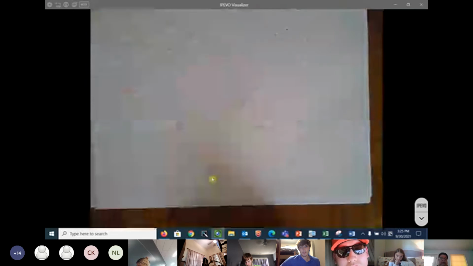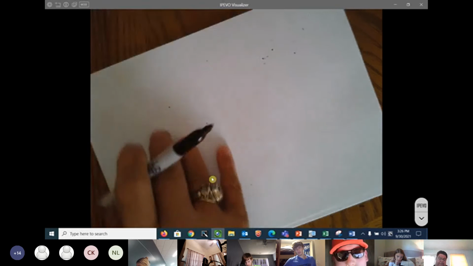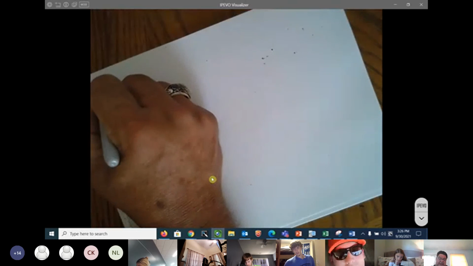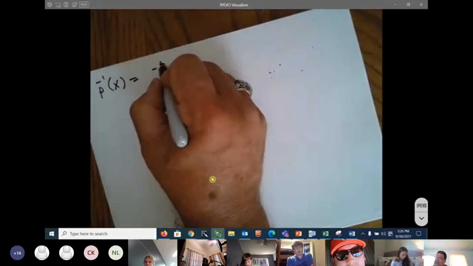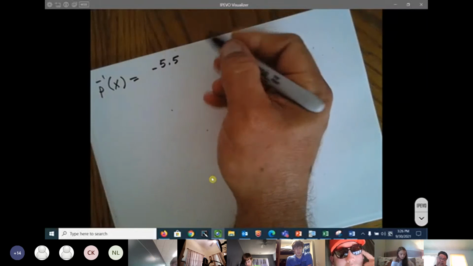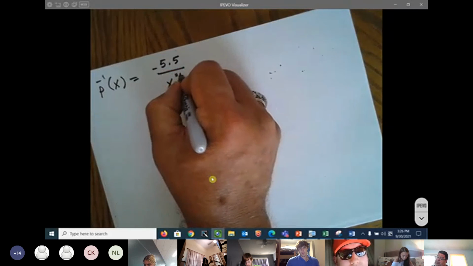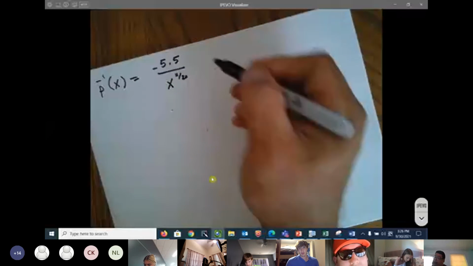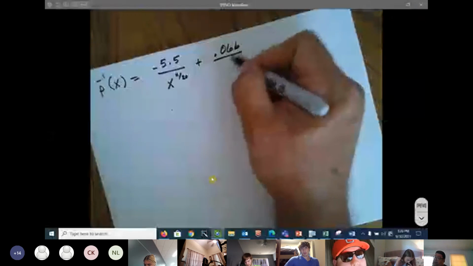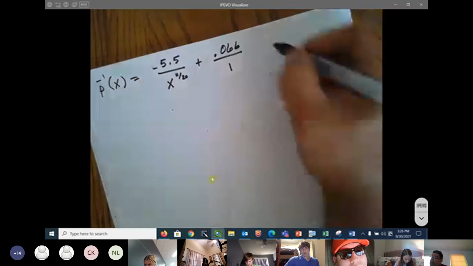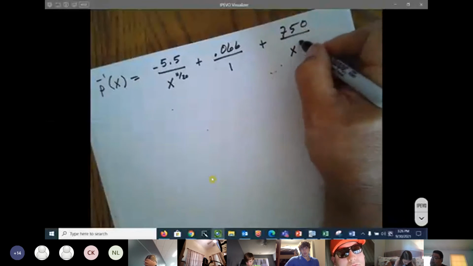So I'm going to rewrite this, and we'll show you we can get the same answer. So negative p prime of x is equal to negative 5.5 over x to the 11/20, plus 0.066 over 1, plus 750 over x squared.